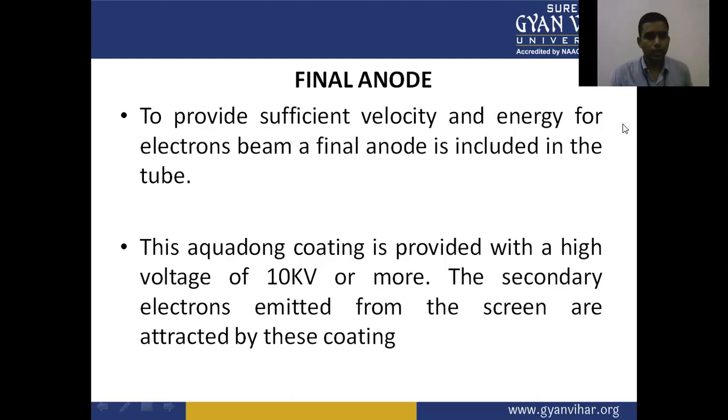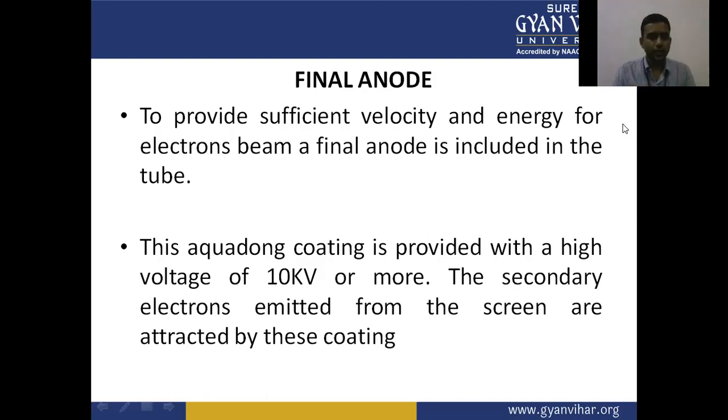Final anode. To provide sufficient velocity and energy for the electron beam, a final anode is included in the tube. This aquadag coating is provided with a high voltage of 10 kilovolts or more.